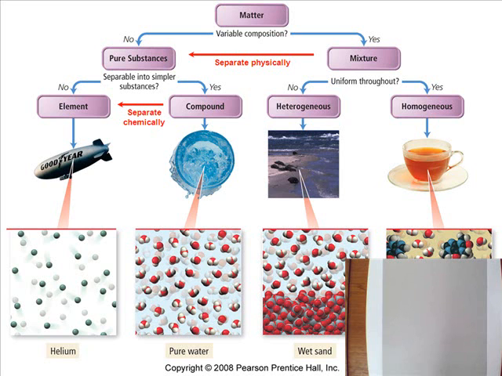Then you take a look at the heterogeneous, which is not uniform throughout, like wet sand that we referred to. And of course, tea and sugar is a mixture of several materials, but it's homogeneous throughout. So matter will fit into those four major categories: elemental form, compound, heterogeneous mixture, and then homogeneous mixture.